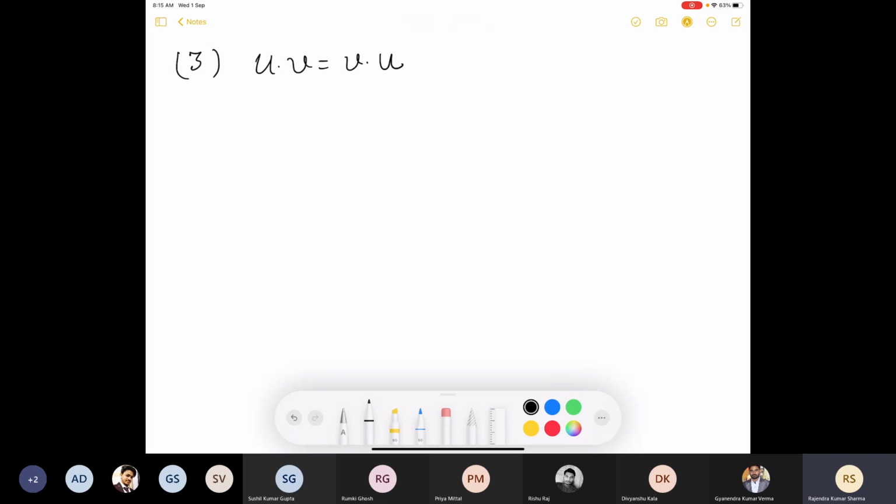And the other thing that one can also see is, say, have here alpha v, or say v plus w. u dot v plus w is the same as u dot v plus u dot w.